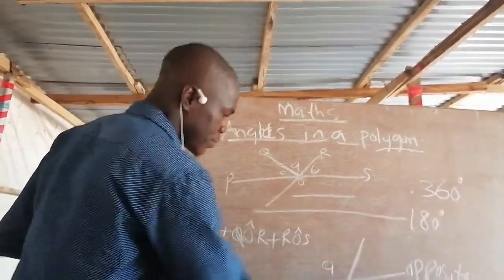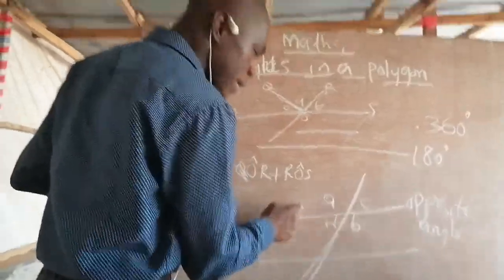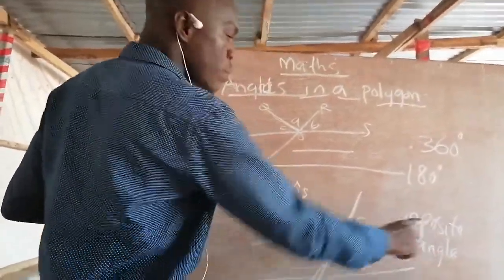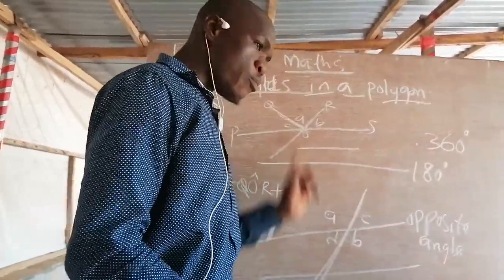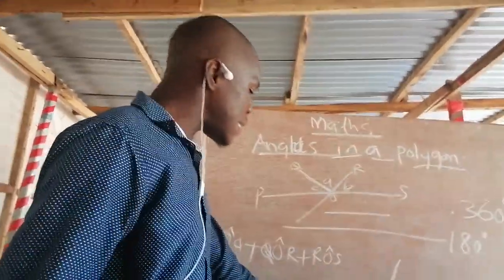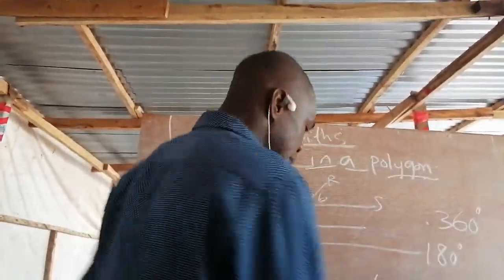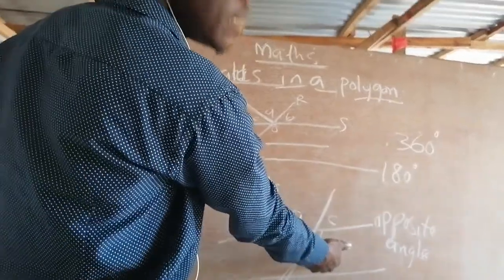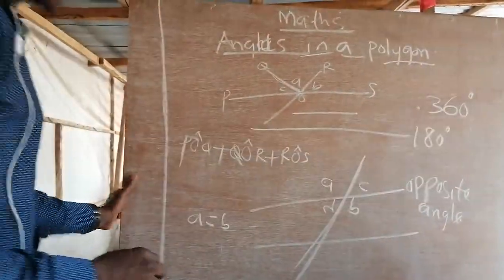Look at this now. A is equal to B because it's an opposite angle. Yes, it's an opposite angle, because this A is equal to B. That one will make it to be an opposite angle. So this opposite angle can never give another thing. Once you solve for this A, you will get B. That's what it's telling you.